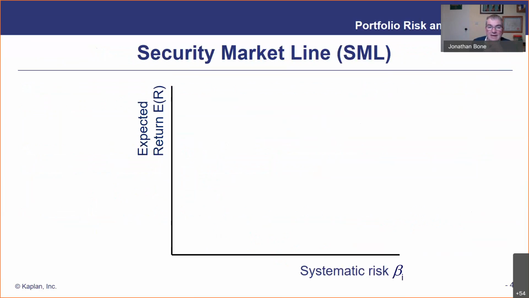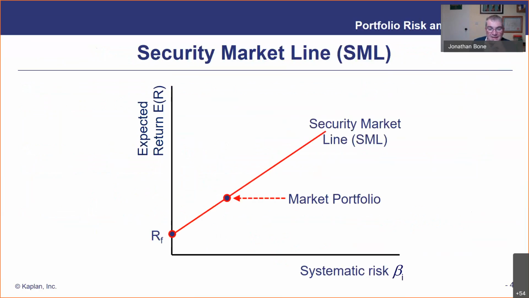Okay, so here is our securities market line. There is our risk-free rate. There is the market portfolio. And there is our securities market line. Note therefore the market portfolio, as we said before, has a beta of 1. It must do. How does it vary with itself? Perfectly, it has a perfect positive correlation. And of course, the market portfolio has an expected return equal to the market.